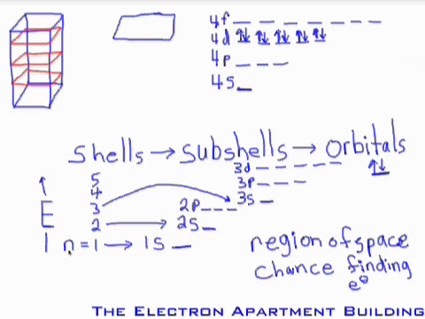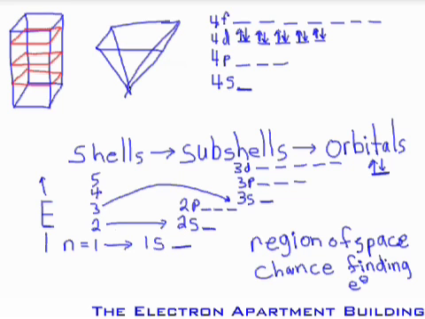Clearly, the lowest energy level only has 1 subshell, and if we use the amount of room on the floor, what have I just drawn? Well, what I've drawn looks like an inverted pyramid. And so if we look here on the first floor, there's only enough room for 1 apartment.